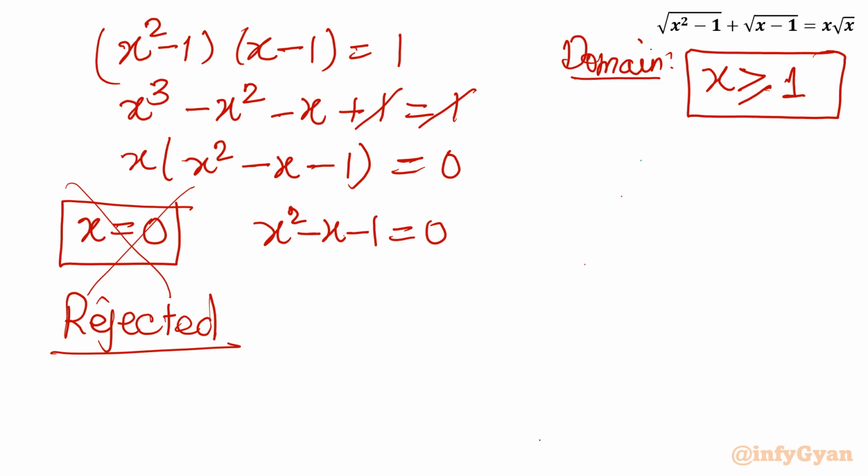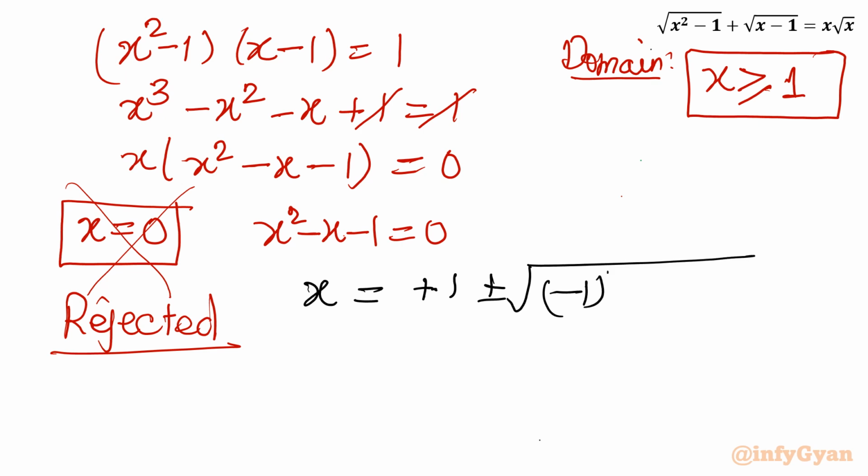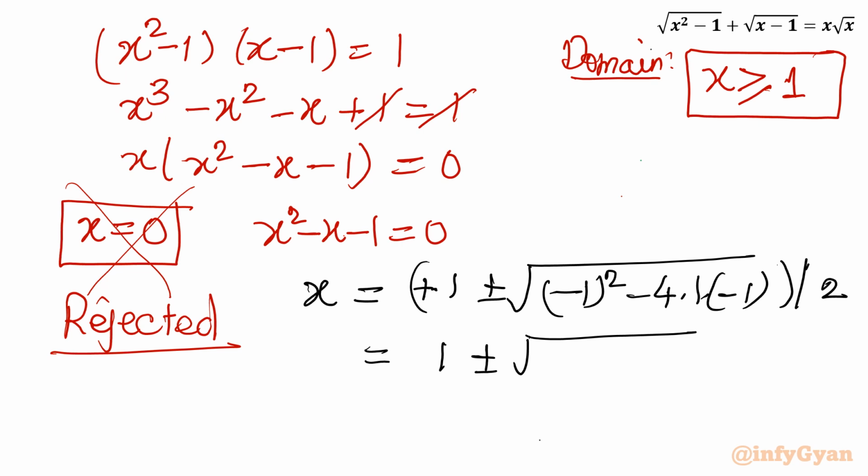Rejected. Now come to this quadratic solution. So let me apply the quadratic formula. x is equal to minus b, so minus of minus 1 is plus 1, plus minus under the root (minus 1)² minus 4 times a times c, divided by 2a, so 2. In the next step I will write 1 plus minus square root of 1 plus 4, divided by 2.